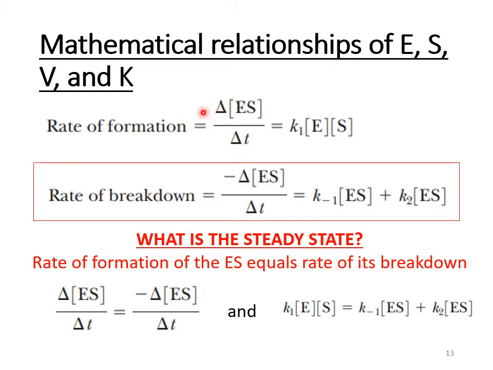Now, notice what we went over earlier. When you look at rates, the change in certain things over a certain amount of time, which is the delta T underneath the rate equation, you'll notice that positive, just like previously, is a rate of formation, whereas negative now means it's the reverse reaction, meaning the rate of the breakdown. So breaking down that enzyme substrate.